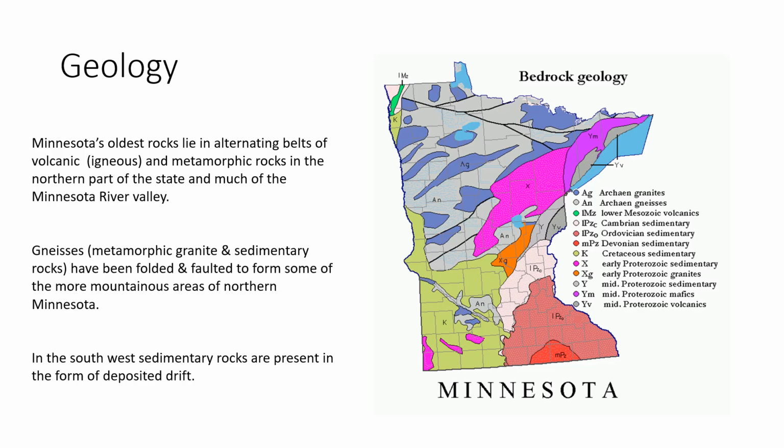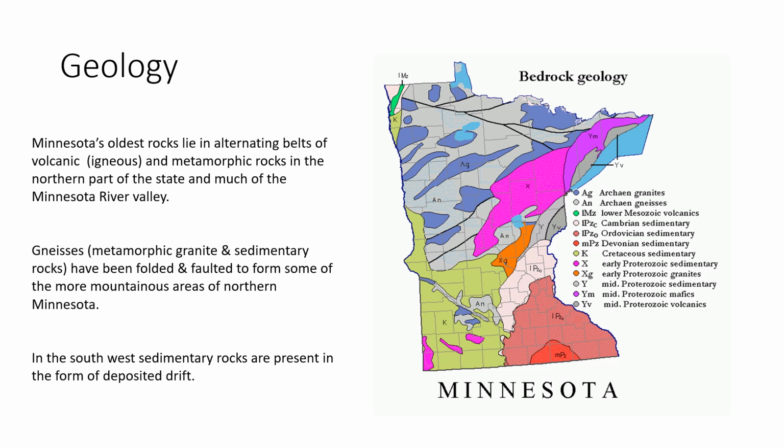So we're going to start with the geology. We have a map here of Minnesota that shows quite a significant variation of geology within it. We find to the north, particularly to the northeast, that we have alternating belts of igneous rocks and metamorphic rocks. These are quite resistant, so we do find some erosional features in this area as a result of that.